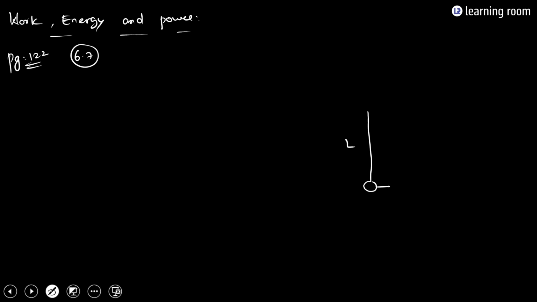It is imparted a horizontal velocity V0 at the lowermost point A, such that it completes a semicircular trajectory in the vertical plane. So it turns like this, right? When you give a velocity, it starts traveling in a circular path like this.